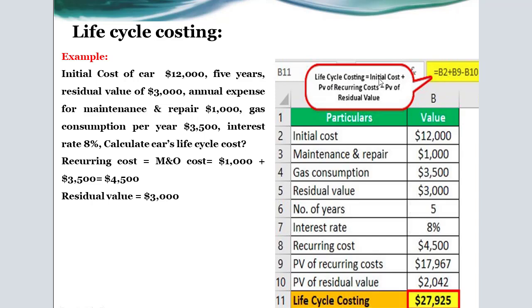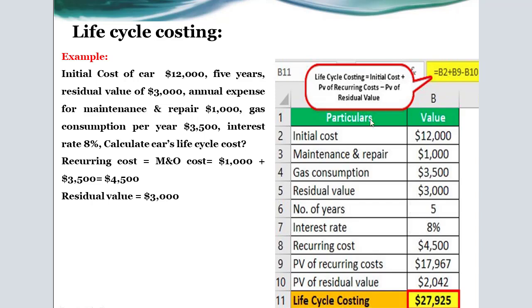Of course, this is by applying this equation: life cycle cost equals initial cost in cell number 2, plus the present value of recurring cost, the value in cell number 9, and subtract the value of cell number 10, which represents the residual value, which gives us the life cycle cost of the car.